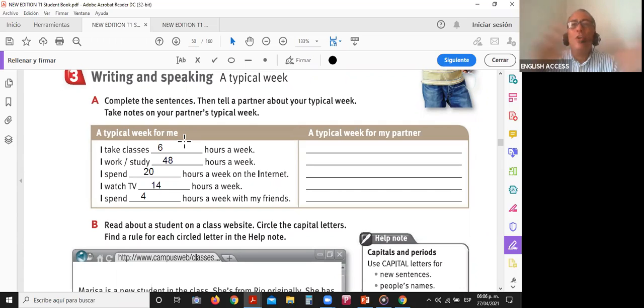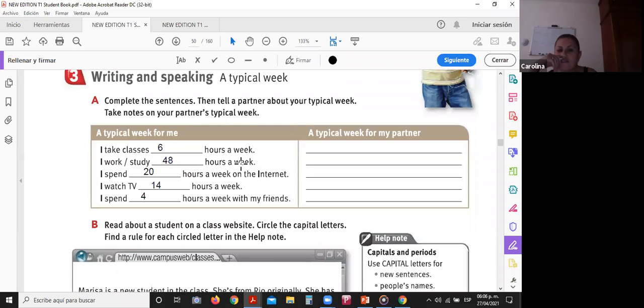So it's like pasando la bolita. I pass the bolita to you, then you pass the bolita to someone else. Okay? For example, let's try again. Carolina, I work 48 hours a week. What about you, Carolina? I work and study 10 hours a week.